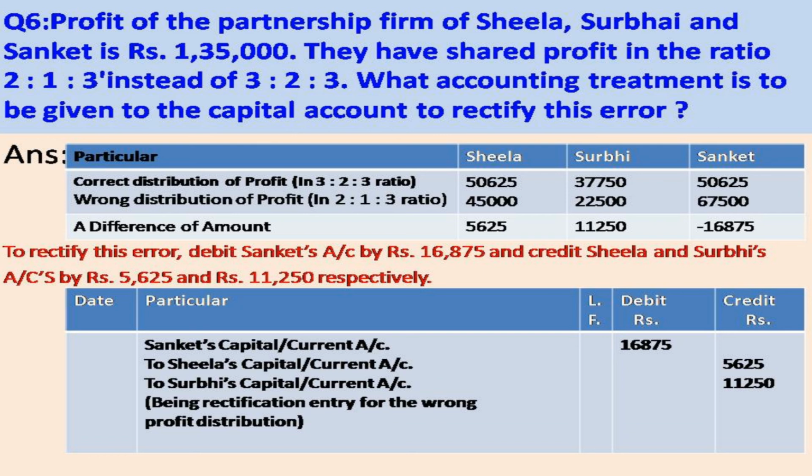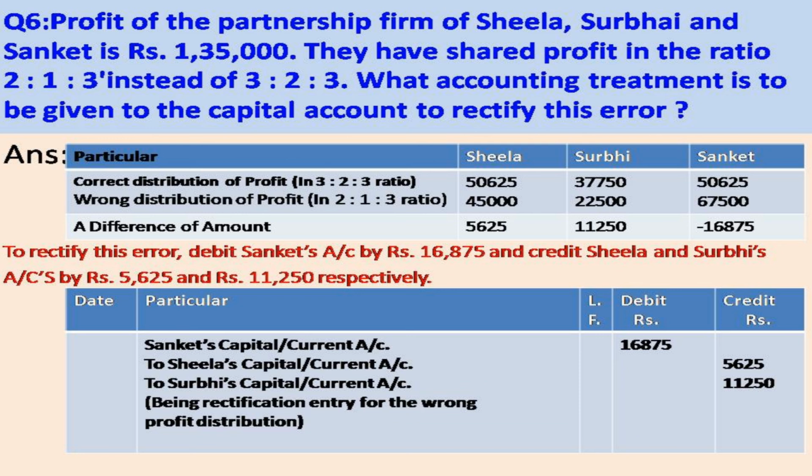Now difference of amount is in Sheila 5,625 and in Surbhi 11,250. Both the amounts are in plus, and in Sanket minus 16,875.